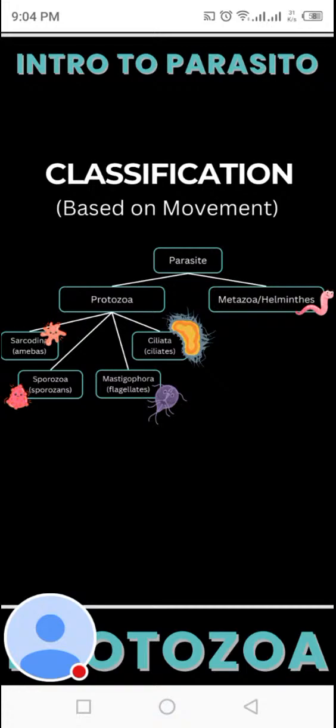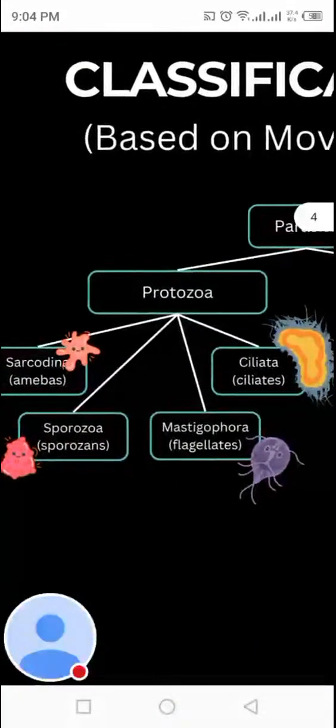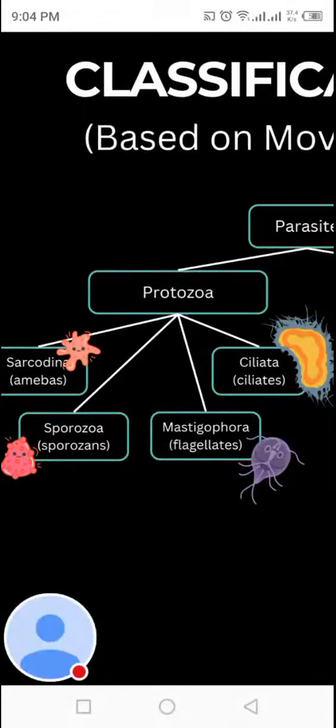This slide is the classification of protozoa based on movement. On the basis of movement, let me zoom in on this so you can clearly see. Protozoa is further subdivided into sarcodina, which are the amoebas. They're also classified into sporozoans, which are sporozoa, then mastigophora, which are flagellates, and then ciliata, which are ciliates. Sarcodina moves with the help of pseudopods, for example, Entamoeba histolytica, and I've put a cute little picture of an amoeba there if you can see.